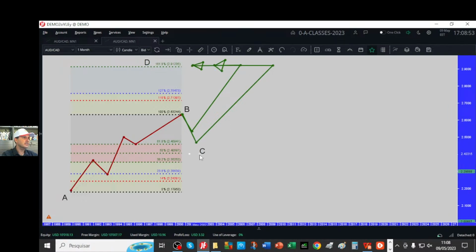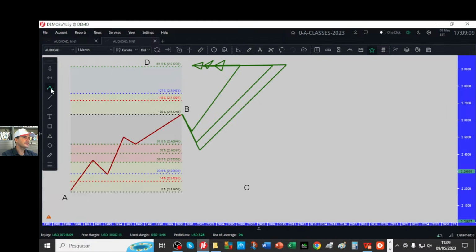When the market goes down and hits or retraces until the blue 50, the appropriate extension is still the green, 1618. When the market goes to 382, same story, the appropriate extension is still 1618.